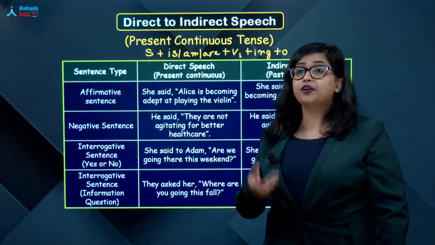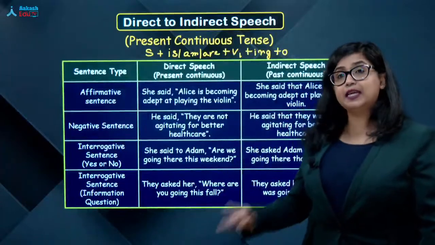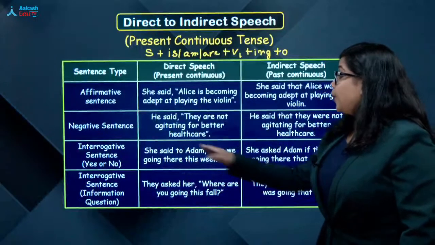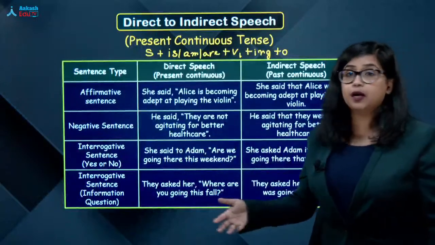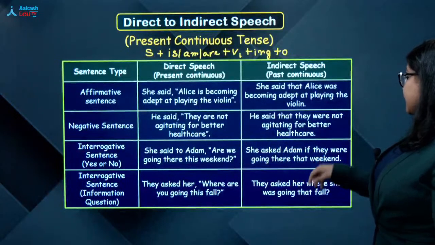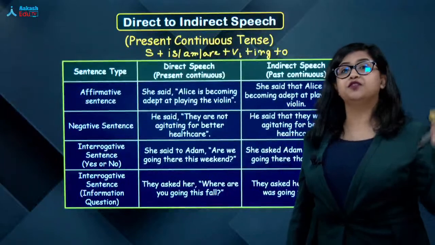So, in case of your yes or no question, you will just use the word if in between. He asked if, alright. So, she said to Adam, are we going there this weekend will now become, she asked Adam if they were going there that weekend. This weekend will change to that weekend, change of specific words.